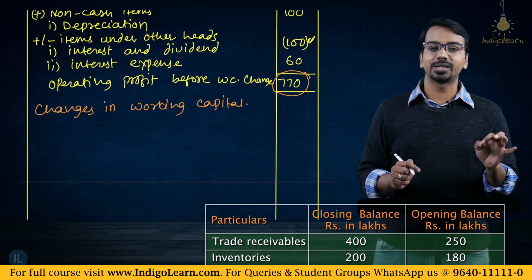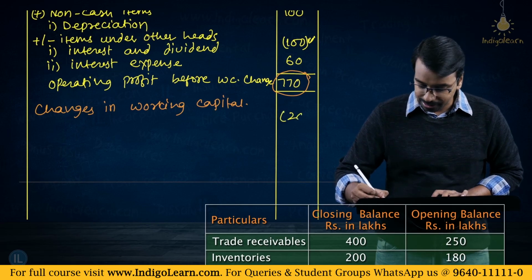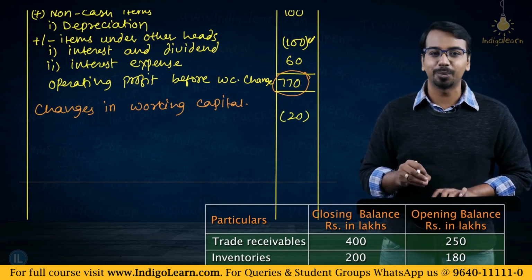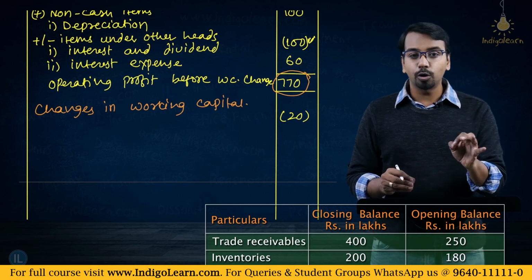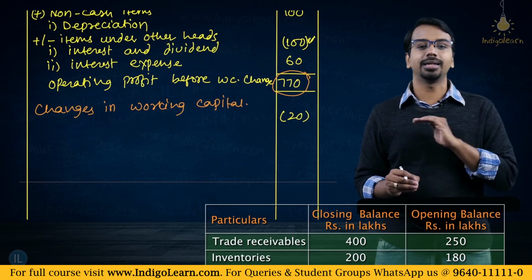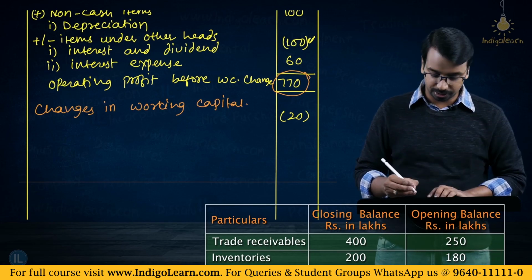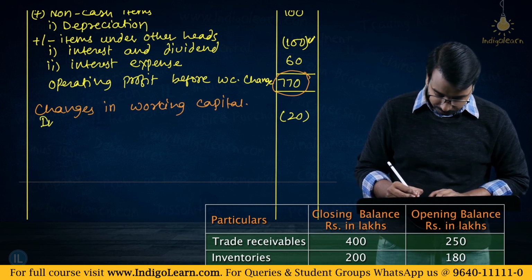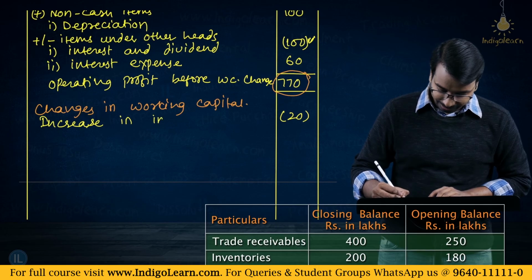Here opening minus closing is minus 20. So directly I can write minus 20, but just by writing the number I will not get marks. I have to say this is a change in inventory, and more precisely you will write whether it is an increase or decrease in inventory. We know from 180 to 200 it is an increase in inventory. So you will say increase in inventory.